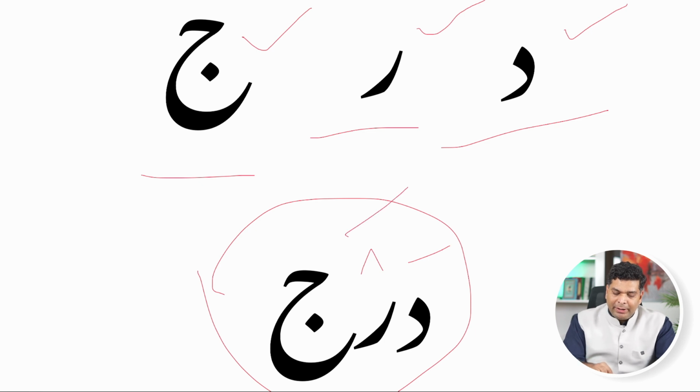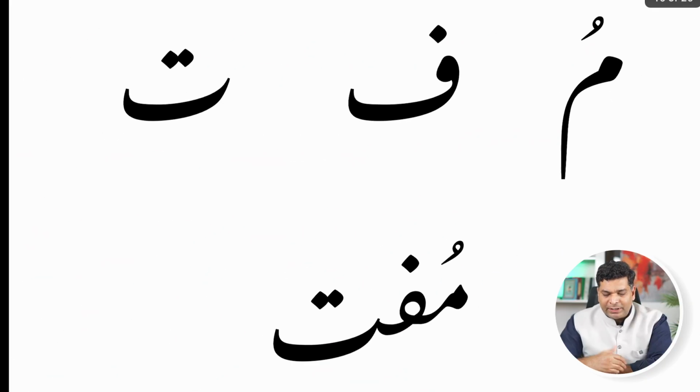If there was a zabar here, it would have been daraj. But there is no zabar here. There is a hidden jazm. So we call it darj. Again, we read it contextually, because once you keep practicing and go through the vocabulary, you understand that the only word we could get here is darj, right? In the same fashion, we can keep exploring.